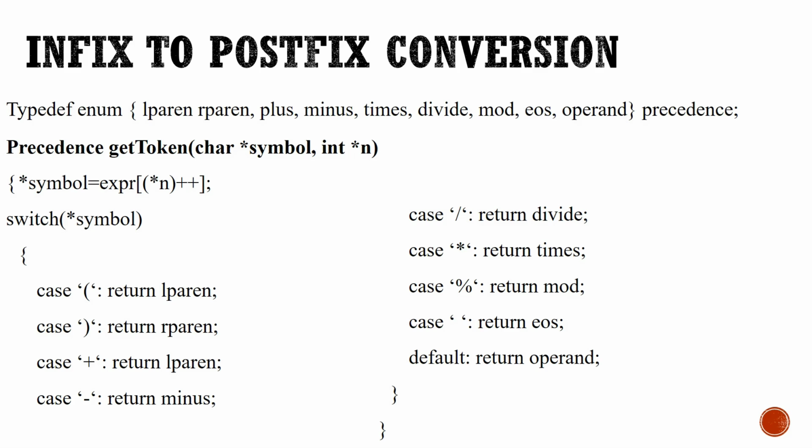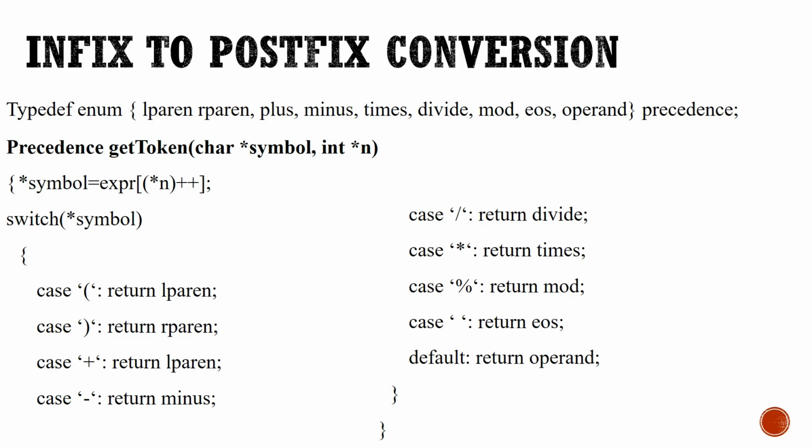The different operators we use in this conversion will be left parenthesis, right parenthesis, plus for addition, minus for subtraction, times for multiplication, divide, modulus operator, and the end of the string. That is the end of the input, which is nothing but a space. One blank space will end my expression conversion.